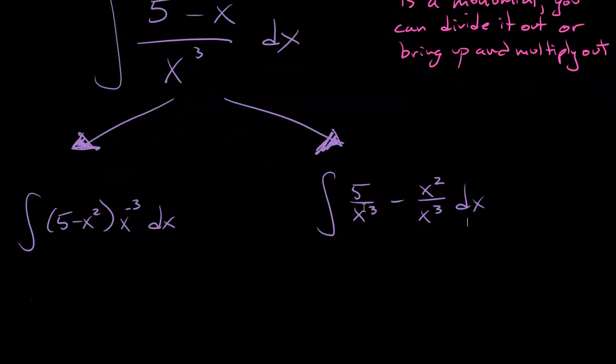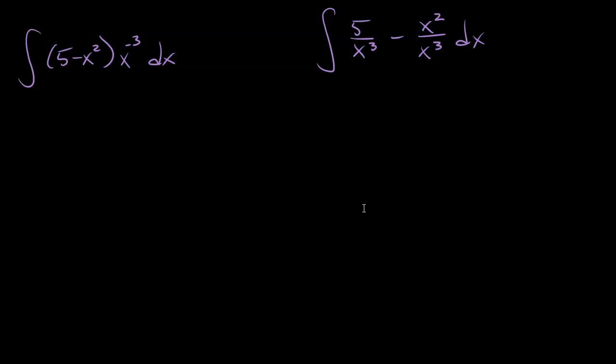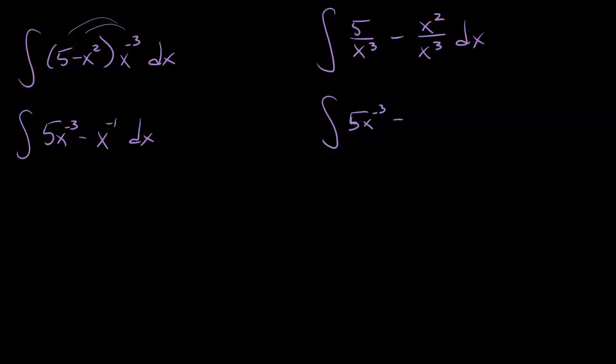This only works if you have a fraction and the denominator is a monomial. So for the first one, if we distribute it out, we will get the integral of 5x to the negative 3 minus x squared times x to the negative 3. You add their powers. And I wanted to show it a couple different ways.